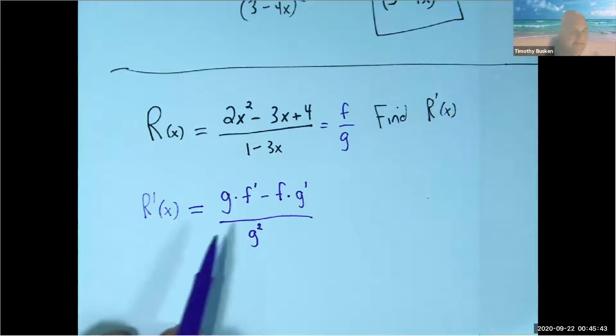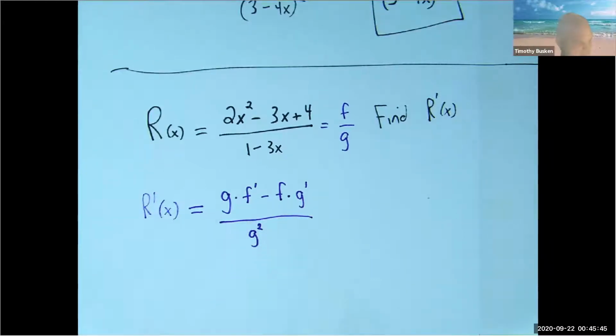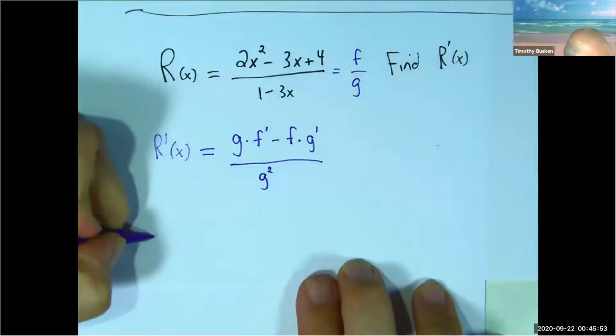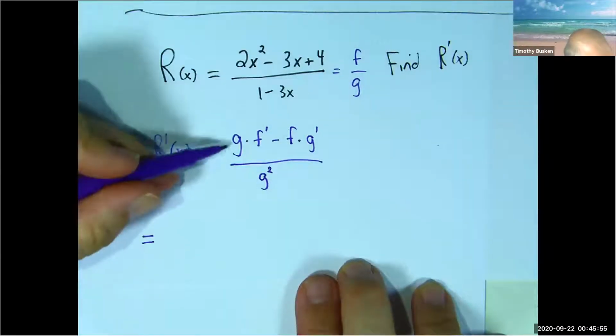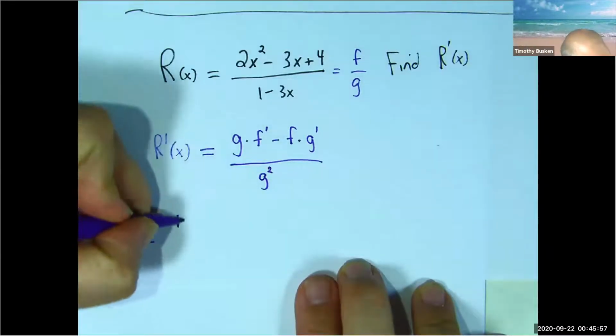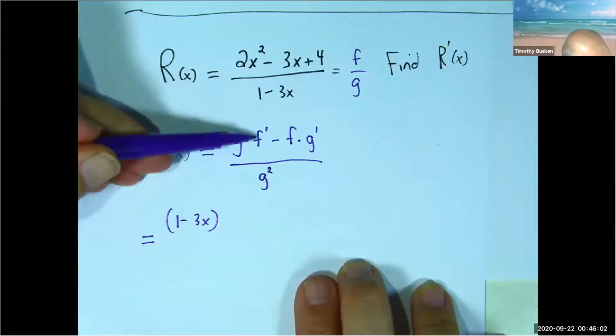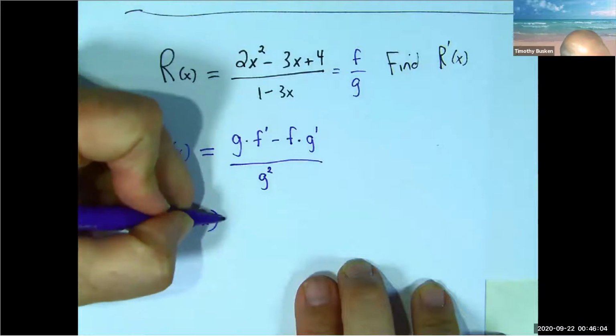Okay, so it's g times f prime minus f times g prime over g squared. So let's go ahead and set that up. So it's going to be equal to g, or 1 minus 3x, times the derivative of the numerator.